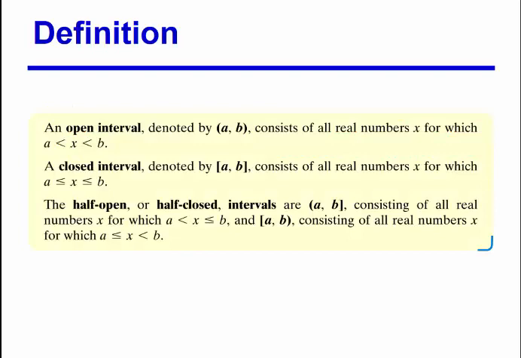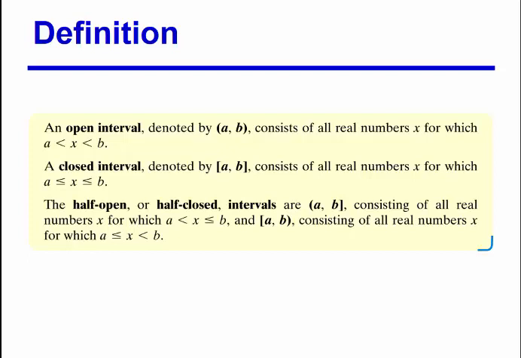So an open interval is denoted by parentheses a and b, close parentheses, and consists of all real numbers x for which a is less than x and x is less than b. Now a closed interval denoted by a bracket a and b consists of all real numbers x for which a is less than or equal to x, less than or equal to b.